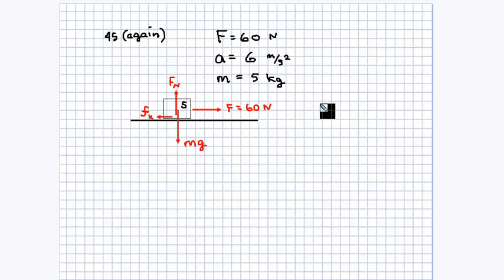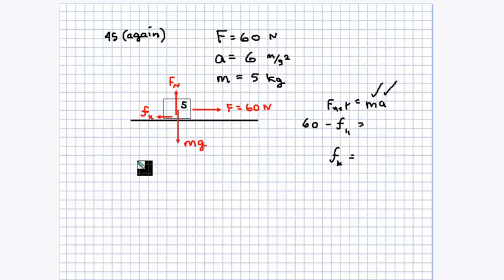So let's try writing F net equals ma for this situation. I think there's no doubt about what the m is. I think there's no doubt about what the a is. There are 2 forces involved in the x direction, the direction of the acceleration, a positive 60 and a negative kinetic friction force. So you can solve for the kinetic friction force there.